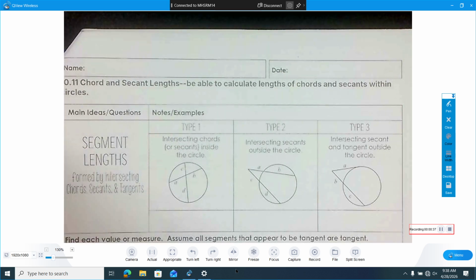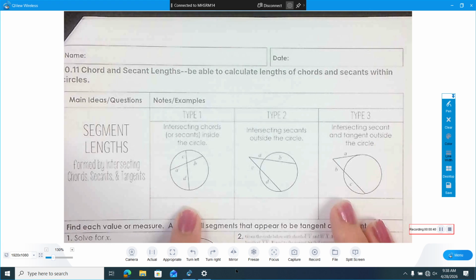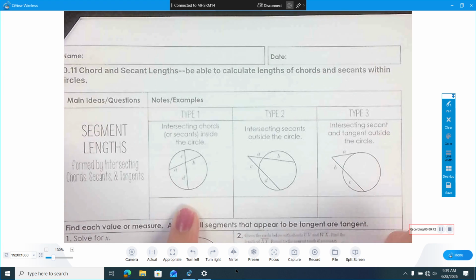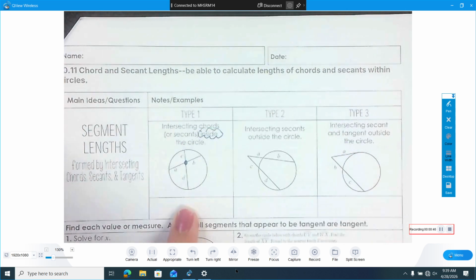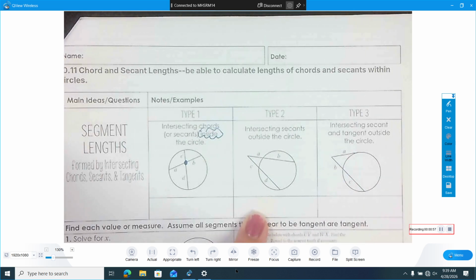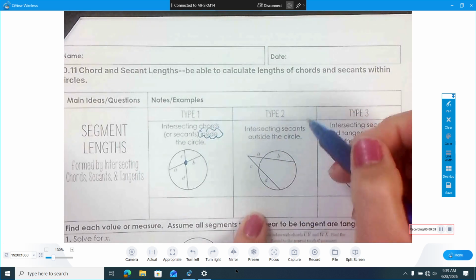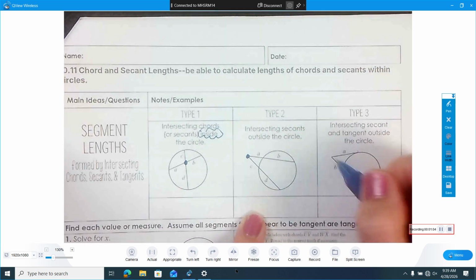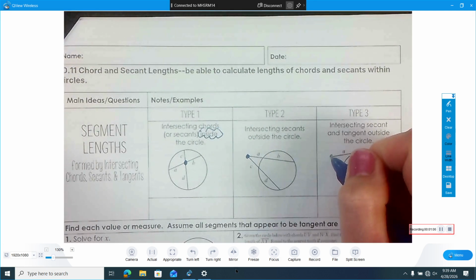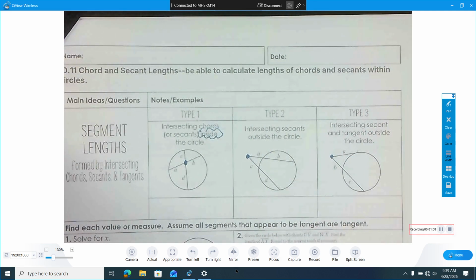There are three different types, based on whether the intersection is inside the circle. We have one relationship, but types 2 and 3 are pretty much the same relationship. Whether we have secants intersecting outside the circle or a tangent and secant outside the circle, they follow the same pattern.